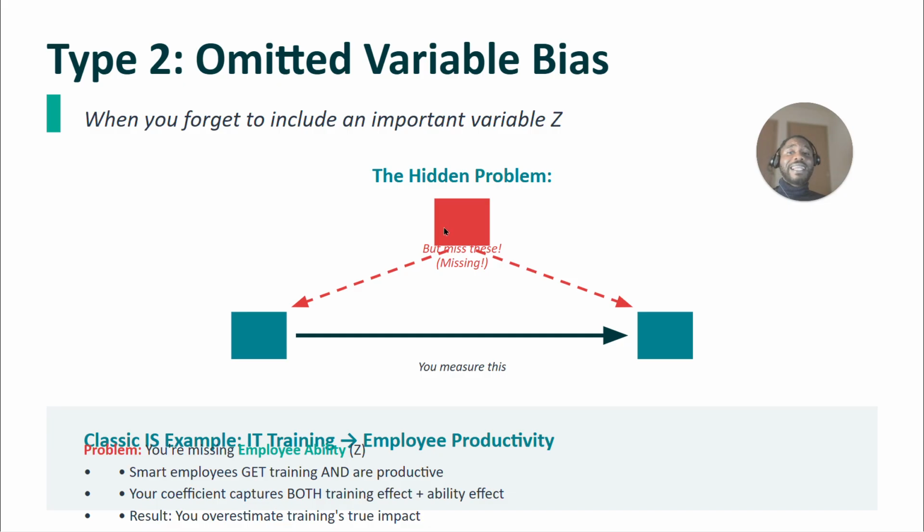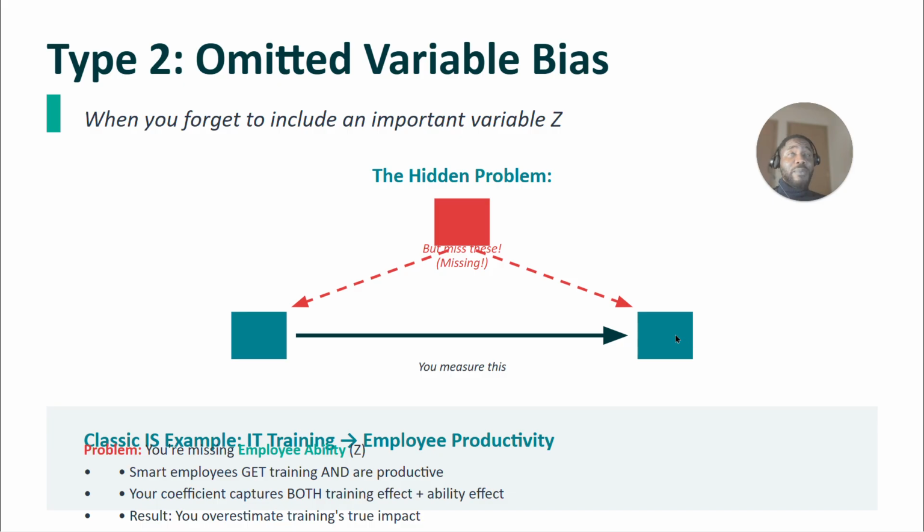So here's the classic information systems example: IT training and employee productivity. Let's say IT training is X and employee productivity, the dependent variable, is Y, right? You run a regression and you find that IT training increases productivity.